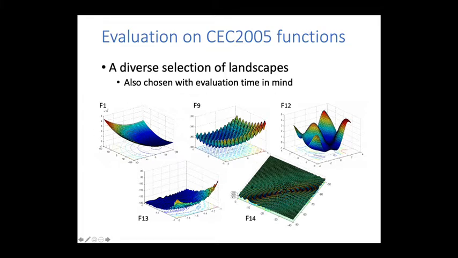This one here has lots of concentric ellipses, and it has very little global gradient information, so it's much harder. However, during the course of evaluating optimizers, search points within these spaces get evaluated over and over again, and this is obviously very expensive. So for practical reasons, these are also chosen with evaluation time in mind.